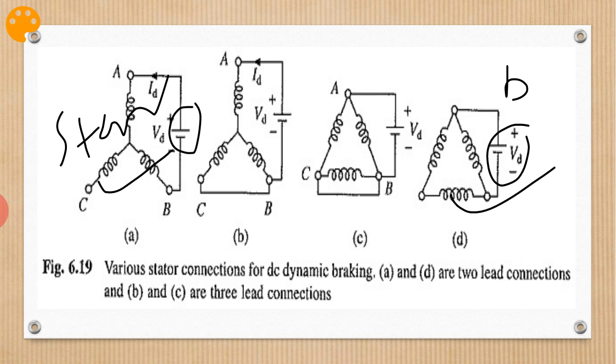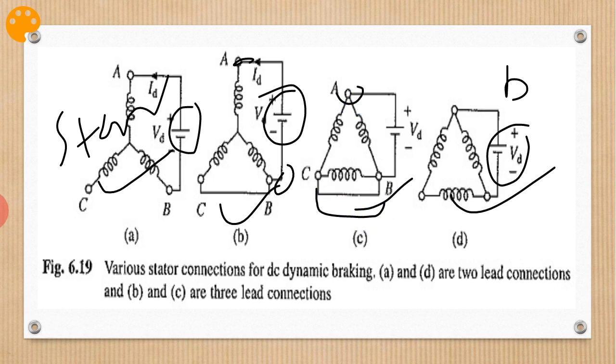Okay, similarly, figures B and C are 3-lead connections. This is a star again, with two phases A and B, and in between A and B the DC supply is connected. Similarly here also, but here C and B are shorted.